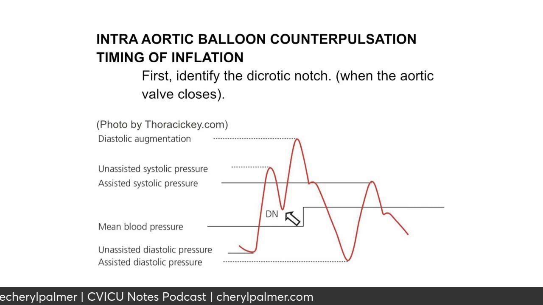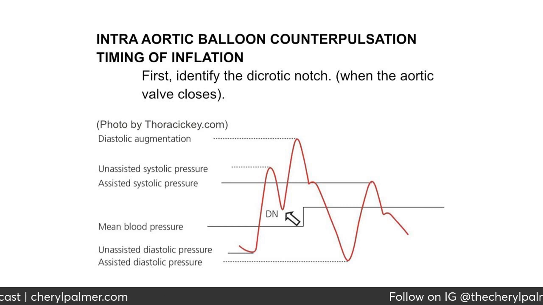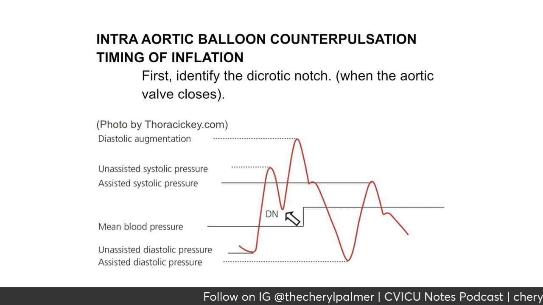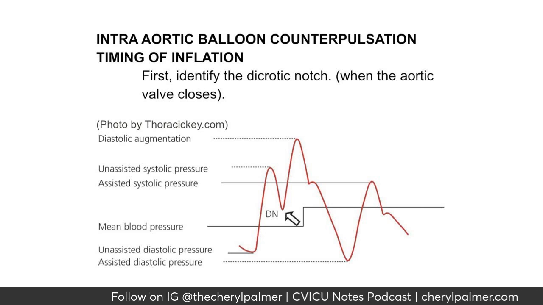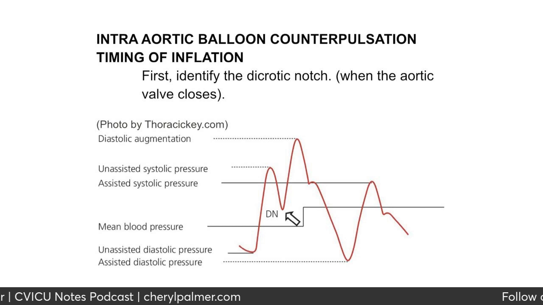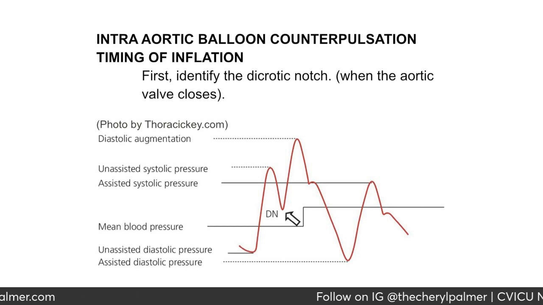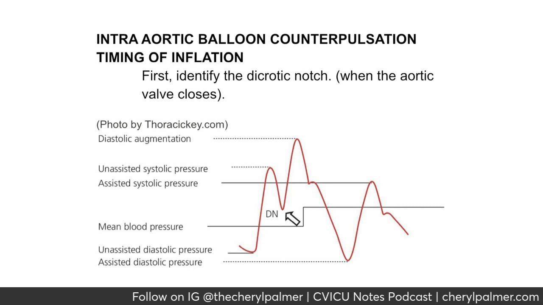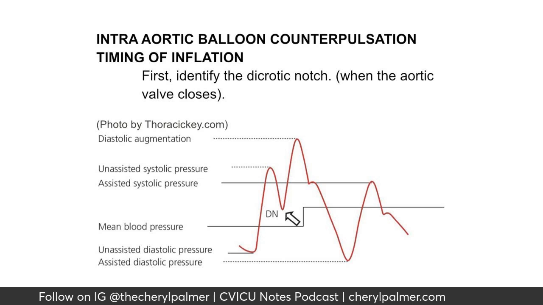Assisted systolic pressure is the tip of the waveform right after the diastolic augmentation. And then you have your mean blood pressure, unassisted diastolic pressure, and assisted diastolic pressure. Those are the bottom dips of the waveform.